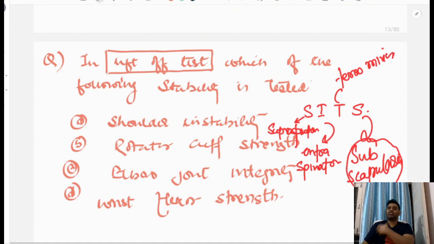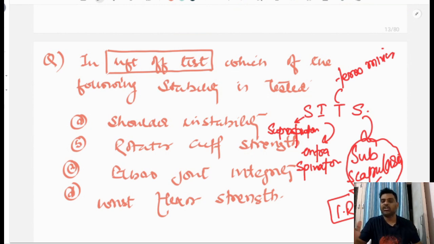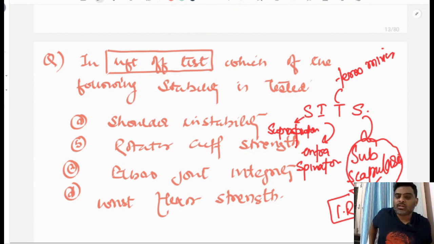The main function of subscapularis muscle is internal rotation. It is the strongest internal rotator of the shoulder. So if there is a problem in subscapularis muscle, there will be difficulty in internal rotation. So what you will do, you will ask the patient to take his hands to the back side.